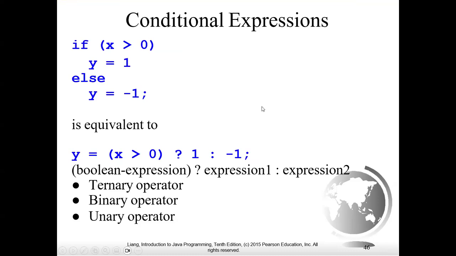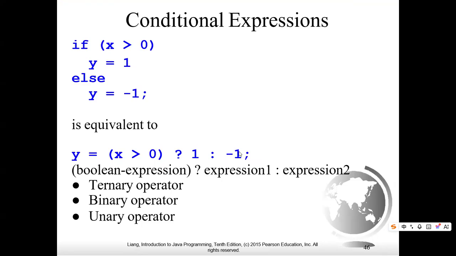For the conditional expressions, we can use the question mark and the colon symbol, as we mentioned last week, right? If something is true, then we do the first expression before the colon.